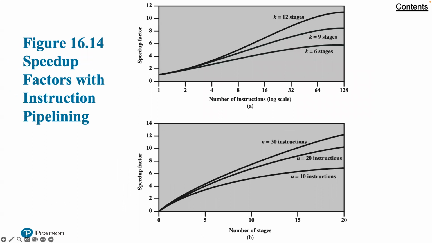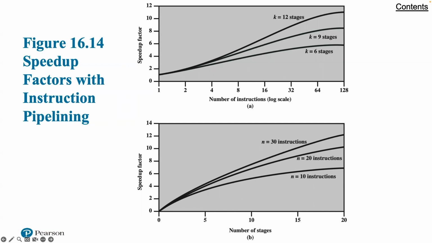Figure 16.14a plots the speedup factors as a function of the number of instructions that are executed without a branch. Figure 16.14b shows the speedup factor as a function of the number of stages in the instruction pipeline. In this case, the speedup factor approaches the number of instructions that can be fed into the pipeline without branches.